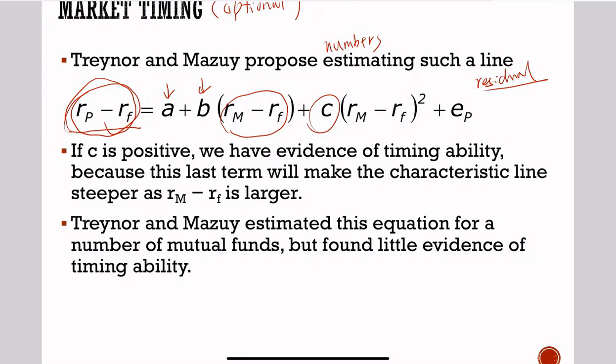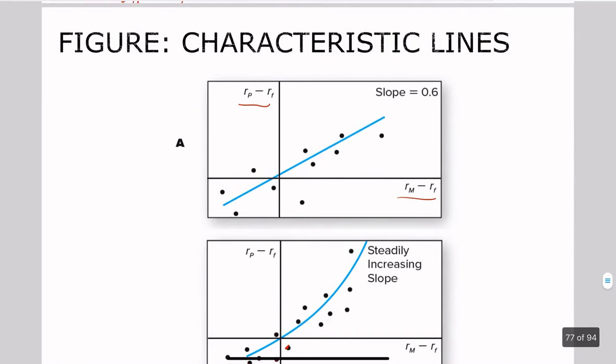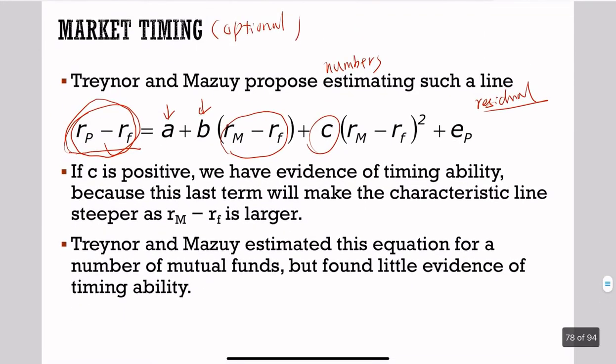So essentially it means that most of the time, if you look at fund managers' performance, you will just get a line like this. That is, this guy could not actually correctly time the market, or this fund manager does not have the ability to time the market. Okay, I will stop. Time is running out.